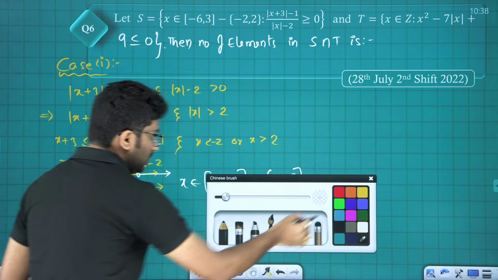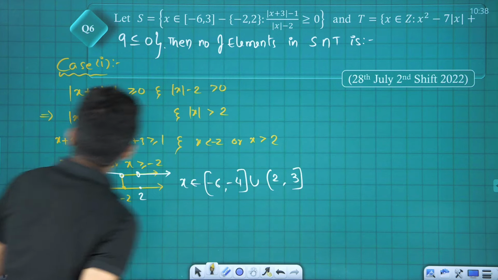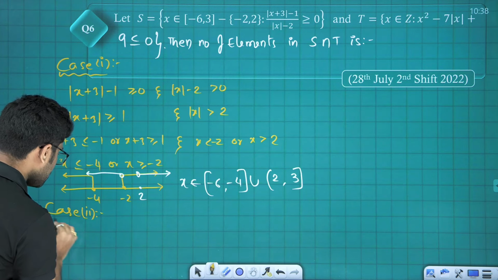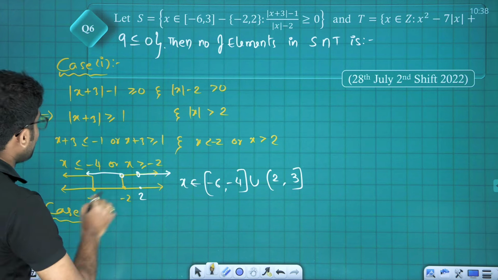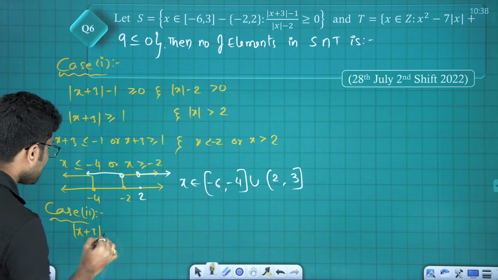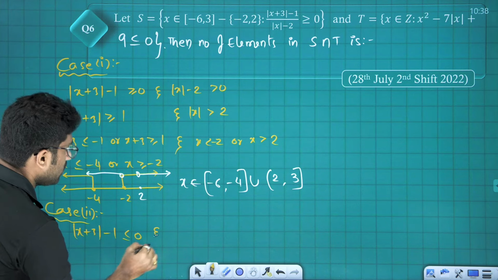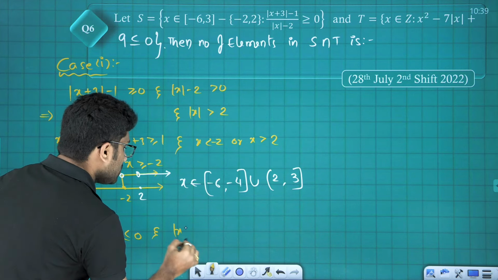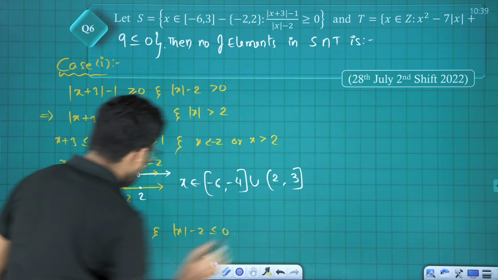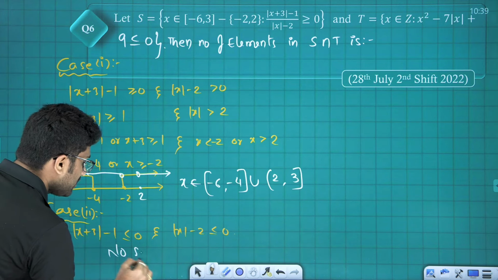Now case 2 is both less than or equal to 0, both negative. So mod of x plus 3 minus 1 less than or equal to 0 and mod x minus 2 less than or equal to 0. Friends, if you do this, you are getting no solution. Just give it a try.